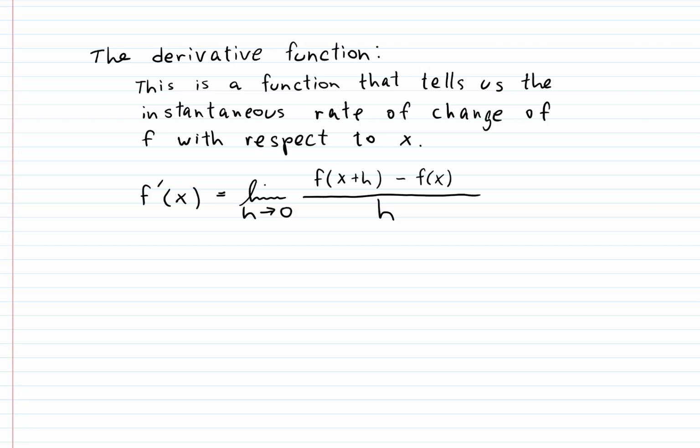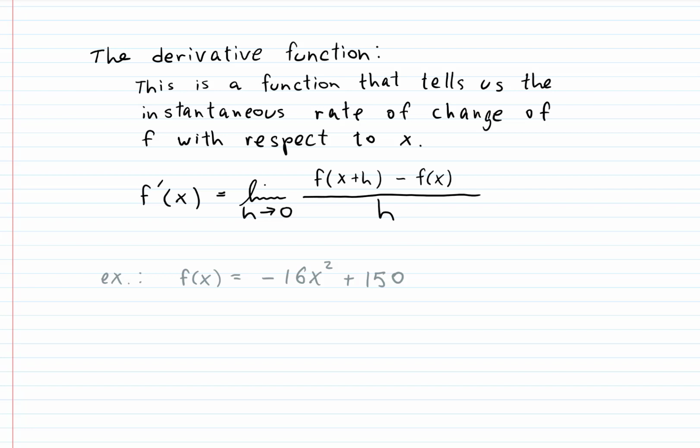Okay, so let's do that for the example up above. Remember, in that case, f of x was negative 16x squared plus 150. So let's find what's called the derivative of that.